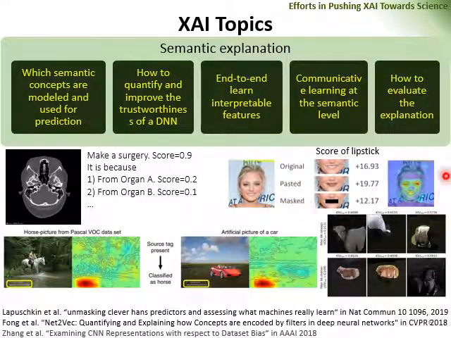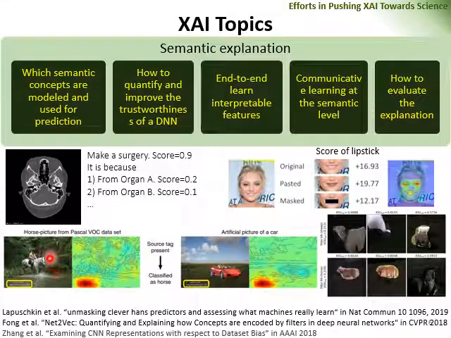But when we visualize its attention, we find that the neural network actually uses the eye features, even the hair features, not only the mouth feature. On the other hand, for the classification of the horse, we find that the neural network uses the text on the corner instead of using the shape of a horse.